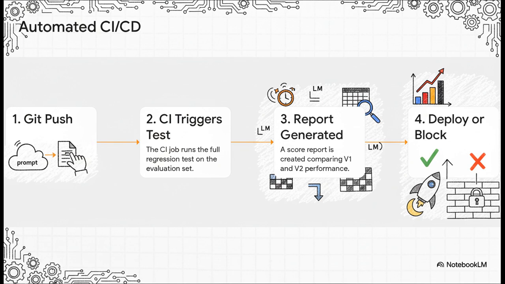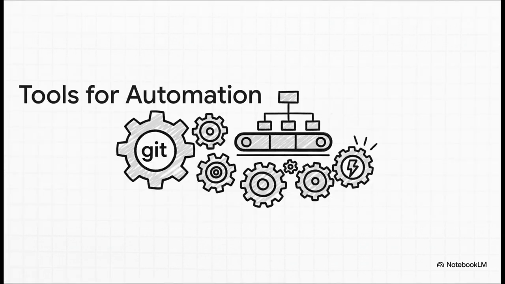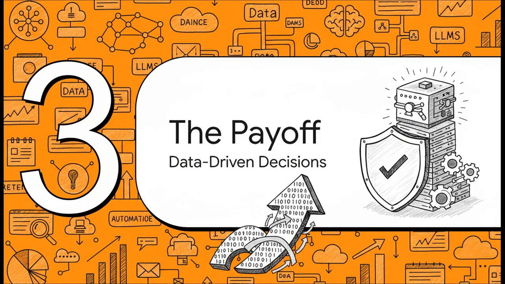If the new prompt is better, it gets deployed automatically. If it's worse, the deployment gets blocked. It's like having a quality gatekeeper that works for you 24/7. And listen, this isn't some far-off dream. You can build this right now with tools you're probably already familiar with. Whether it's GitHub Actions, an orchestration tool like Airflow, or even something simple like Zapier for basic triggers, automating this is totally within reach.